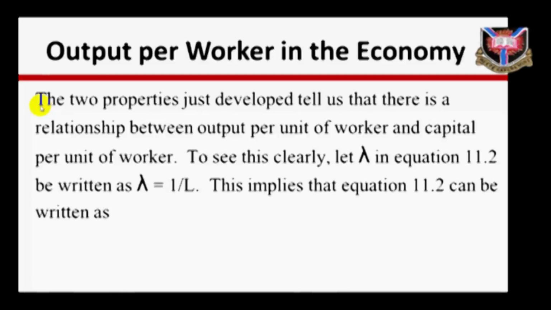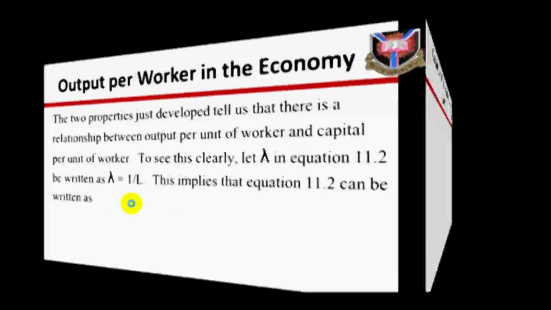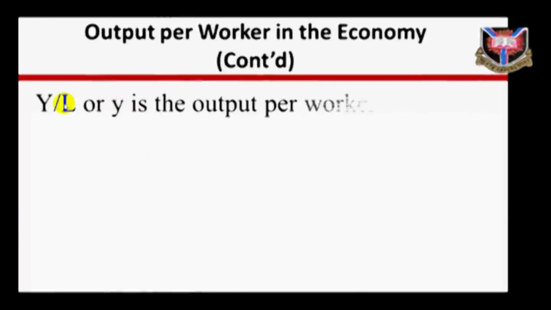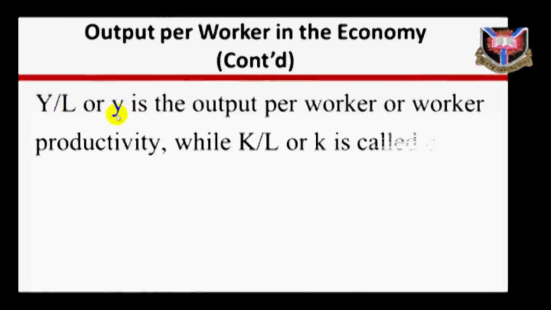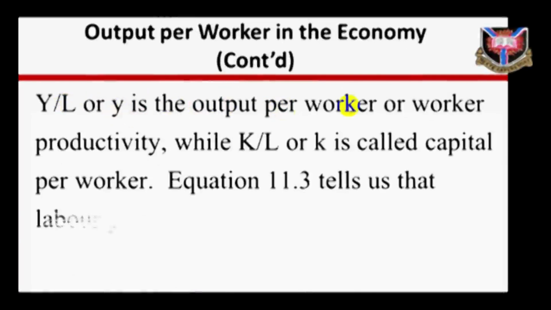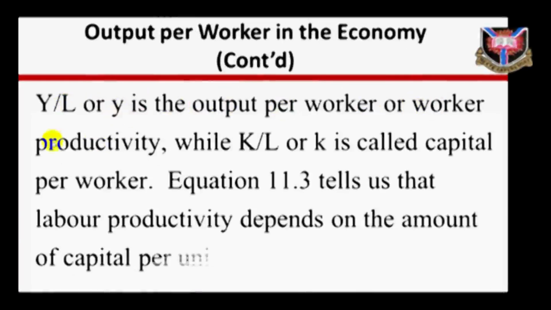To see this clearly, let lambda in equation 11.2 be written as lambda equals 1 over L. This implies that equation 11.2 can be written as 1 times Y over L, which equals F of 1 times K over L and 1 times L over L, which equals F of K over L and 1.